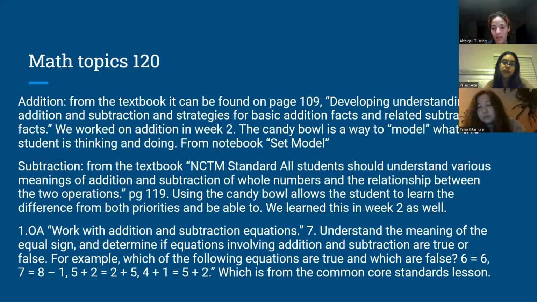NCTM standard: all students should understand various meanings of addition and subtraction of whole numbers, and the relationship between the 2 operations. Page 119. Using the candy bowl allows the student to learn the difference from both properties. We learned this in week 2 as well.